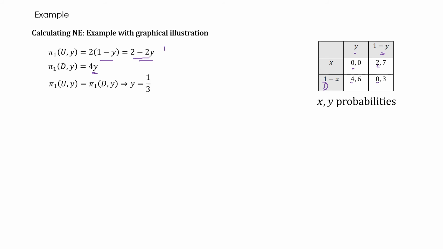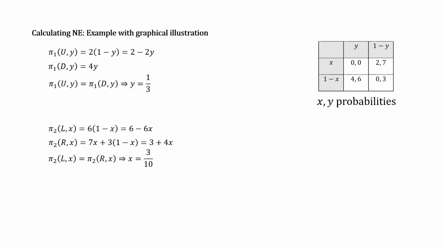Now, from the principle of indifference, if both of these are in the support of the Nash equilibrium, then we must have 2 minus 2y equal to 4y, whence y equals 1/3. Similarly, the payoff of agent 2 for playing left is 0 times x plus 6 times 1 minus x, which is 6 minus 6x.